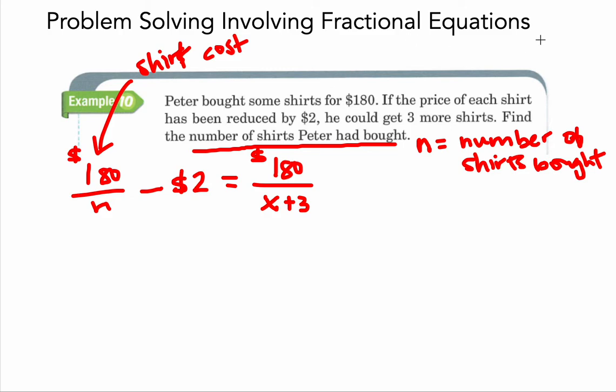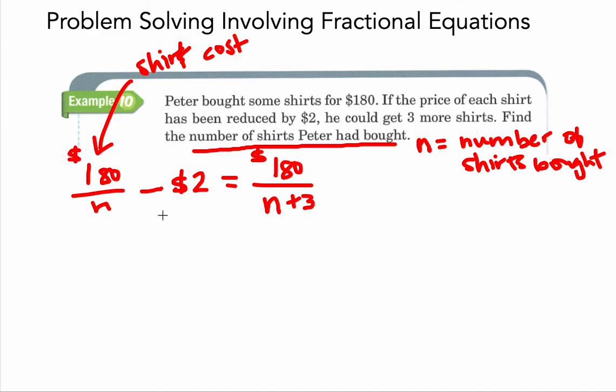Again, we don't know. Oops, I used X. Let me fix that. Again, we don't know how much each shirt actually cost. So we set up this kind of division here. Originally, each shirt would have cost whatever 180 divided by n would be.